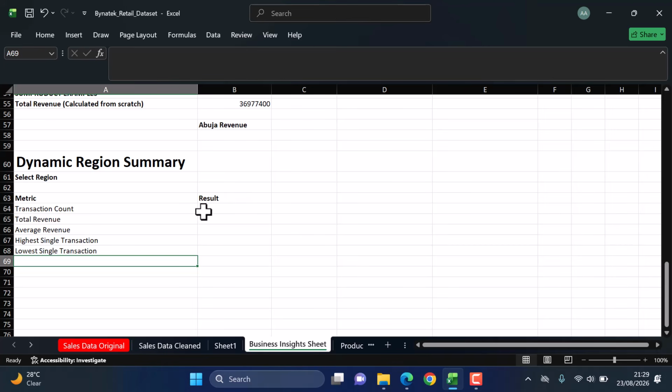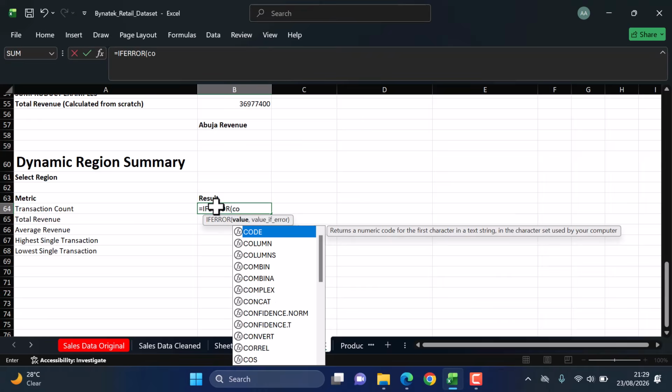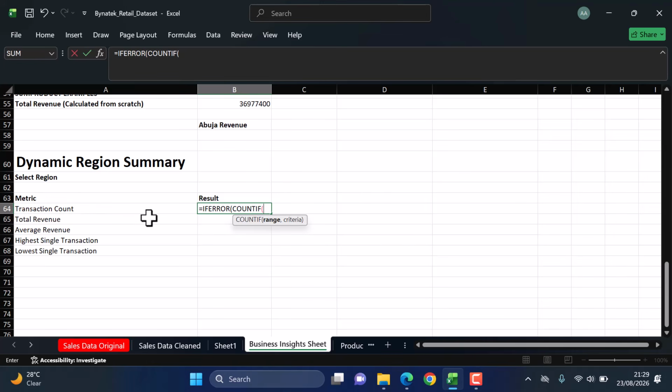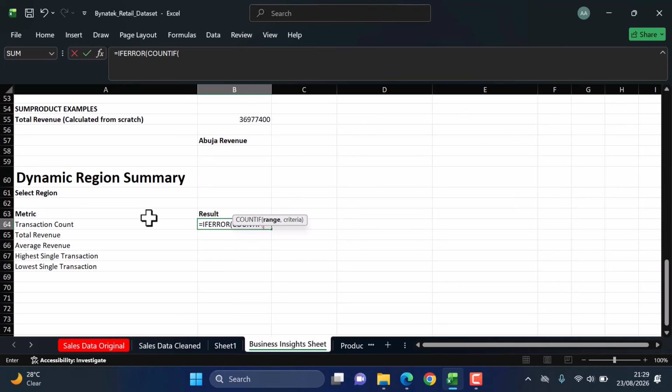So right here, the transaction count, if you want to count, we use COUNTIF, but like I said, let's be using the best practice now. Introduce an IFERROR, COUNTIF, so let's first check.